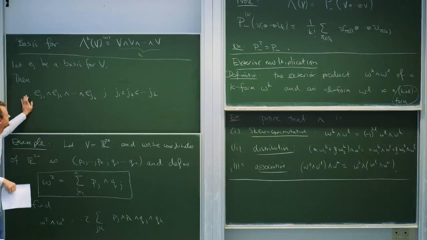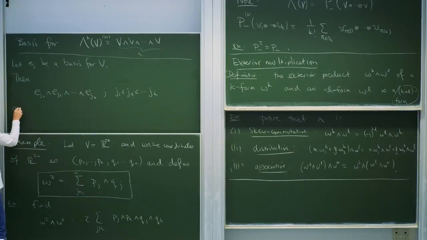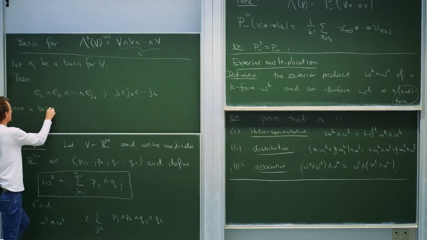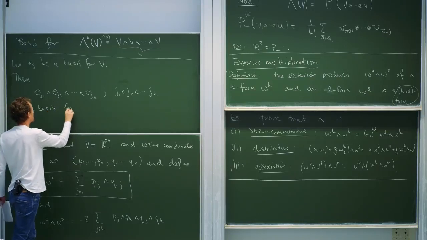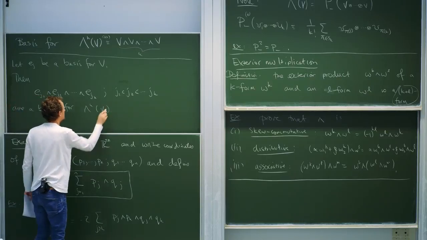So these vectors here are a basis for wedge^k of V.